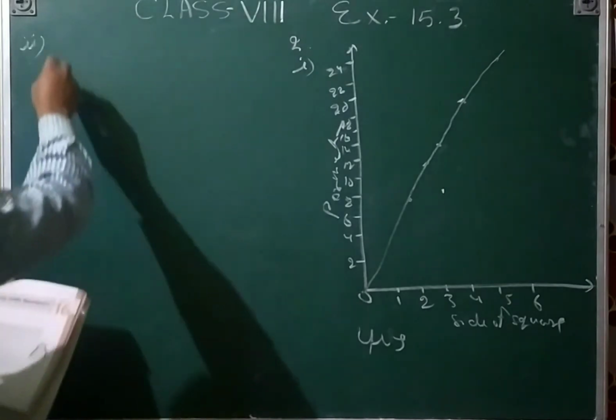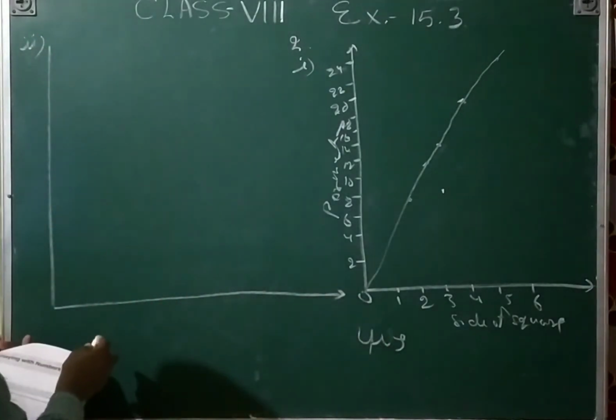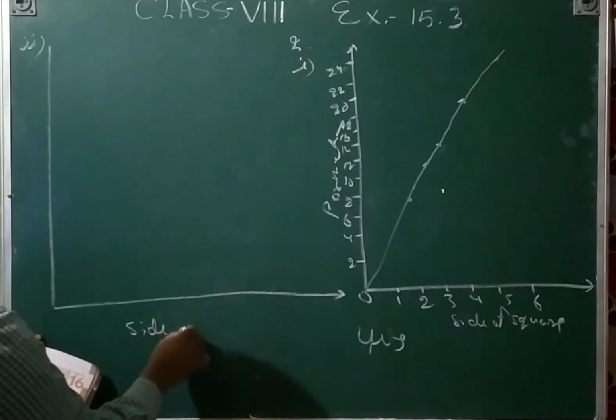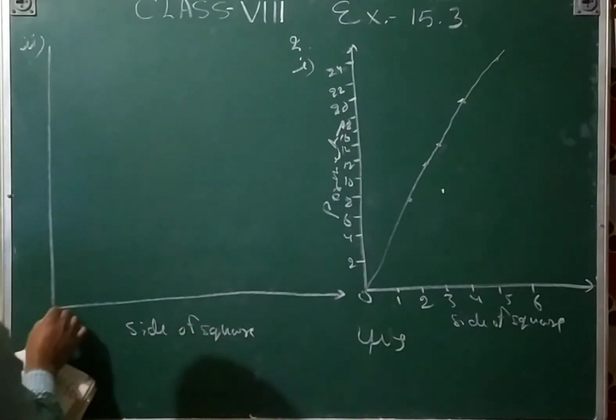Here we will write the side of square, that is 0.